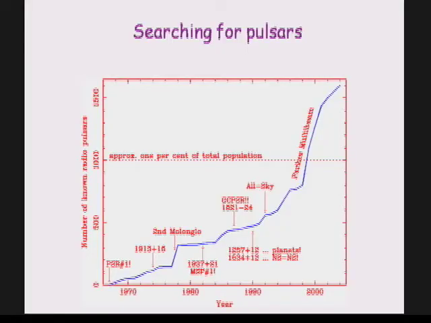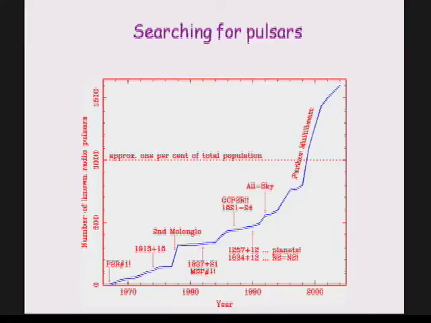And here you can see the incremental discovery rate of pulsars through the years. I don't want to get into all these numbers here, but the main thing I want to point out is this dotted line. This dotted line denotes about 1% of the total population. So we've still only touched the surface of the pulsars out there in the galaxy that we can find.